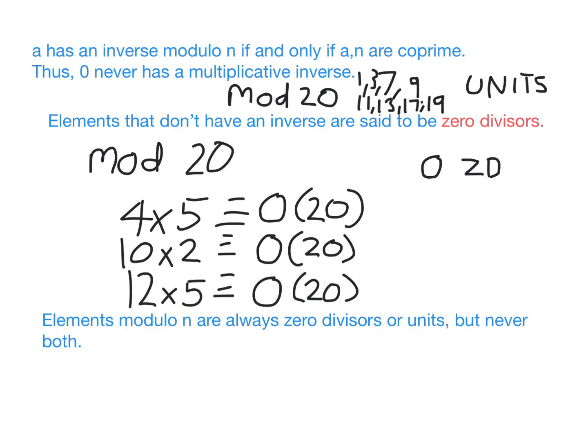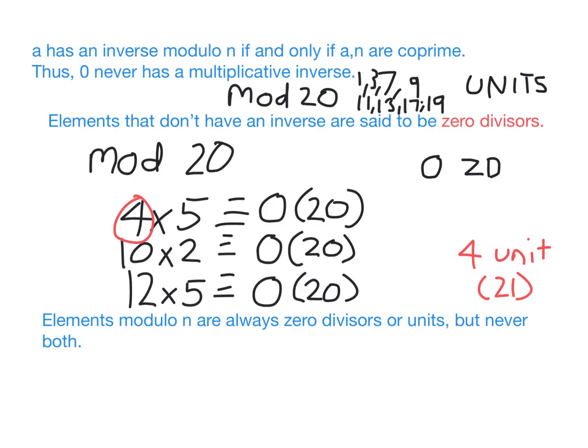So it's worth pointing out again that whether or not something is a unit or zero divisor depends on the modulus. So 4 is a zero divisor mod 20, but 4 is a unit modulo 21 because 4 and 21 are coprime. So just because a number is a zero divisor modulo some number n, it doesn't mean it won't be a zero divisor for another value of n.